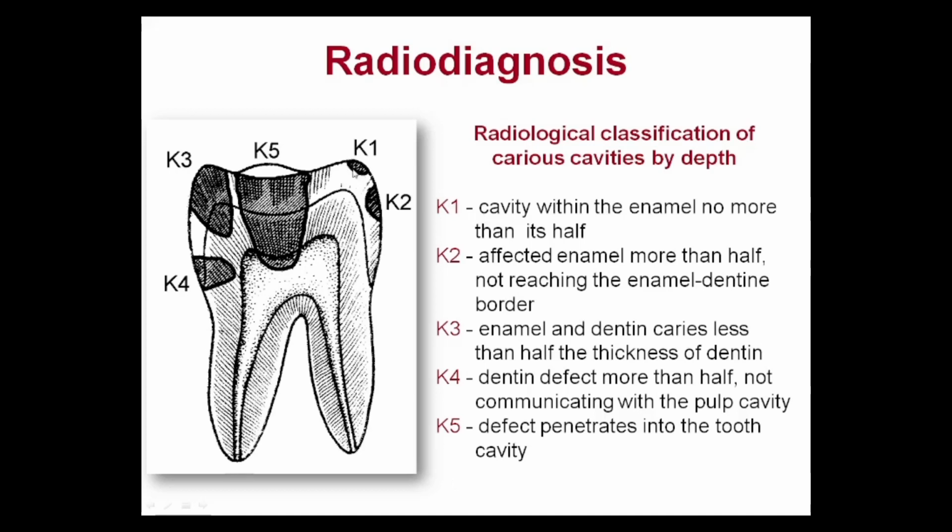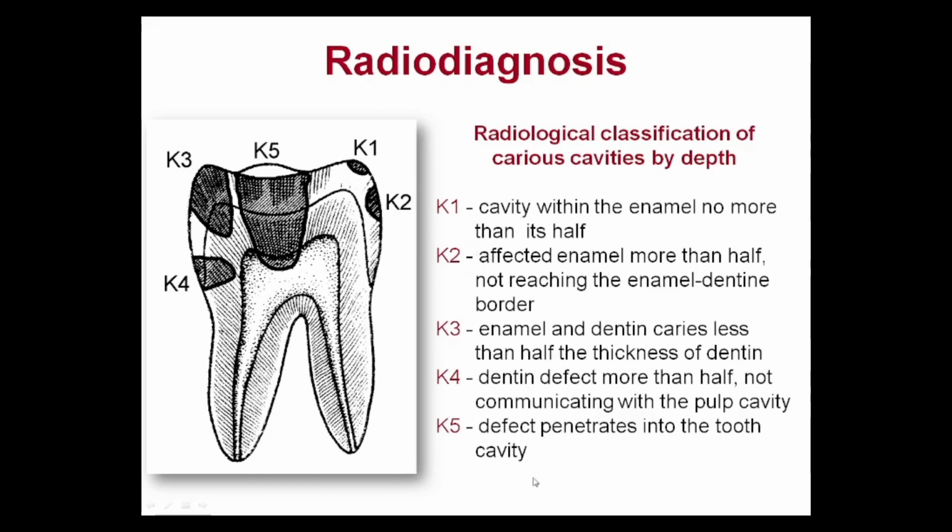This is K1, not deeper than half of enamel. This is enamel, this is dentin, and this is pulp. So K1 changes only in enamel and also not deeper than half of enamel.